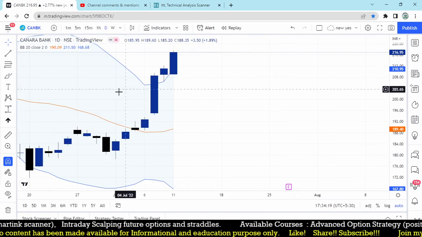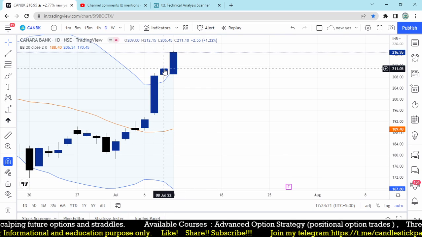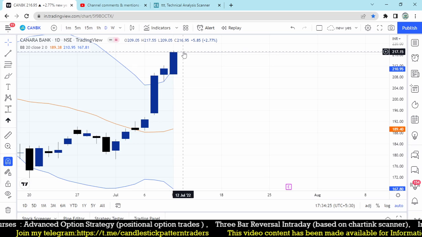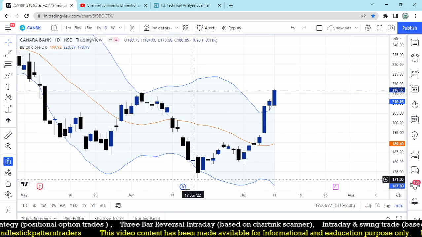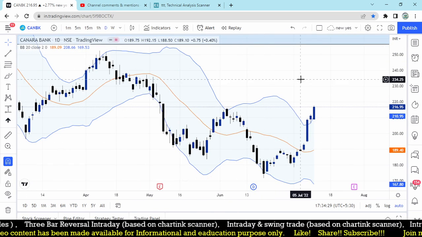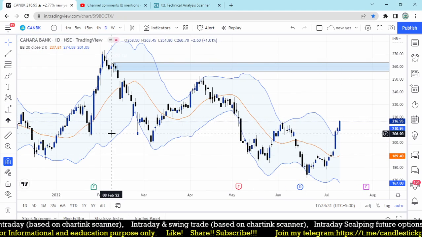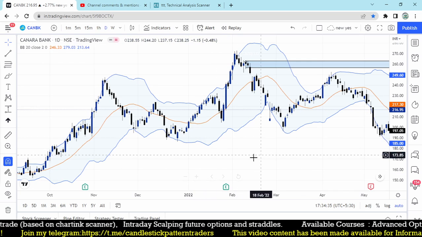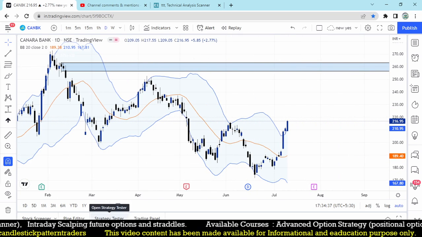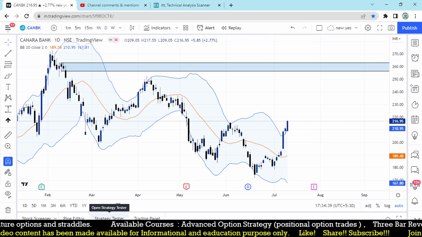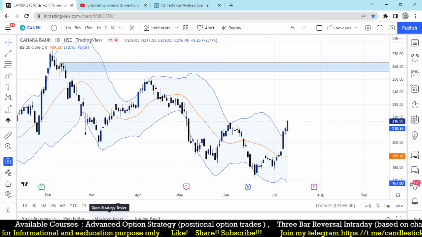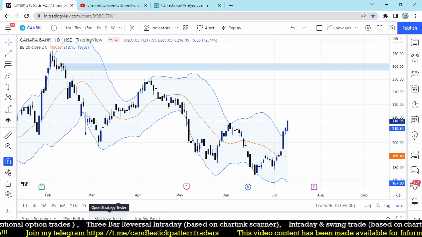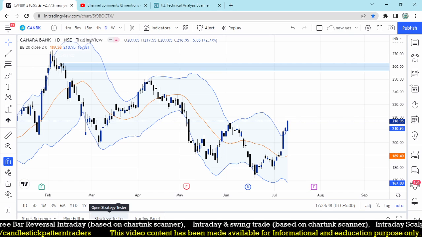Yesterday it closed over and above the Bollinger Band, and even today it performed very well, from 212 it keeps on continuing to the higher trend, but we didn't get any opportunity on Canara Bank of such a kind. The price is not touching the upper and lower Bollinger Band. There is another opportunity for buy and sell that we can easily scan by using the charting scanners.